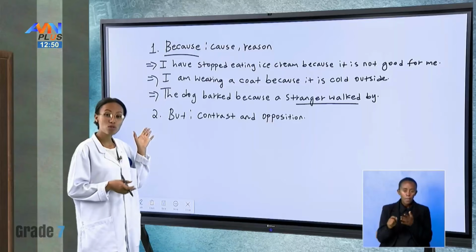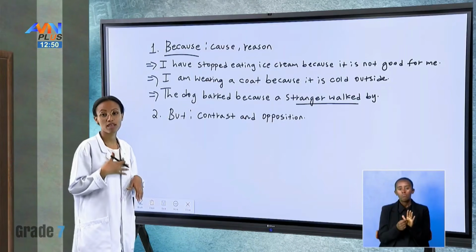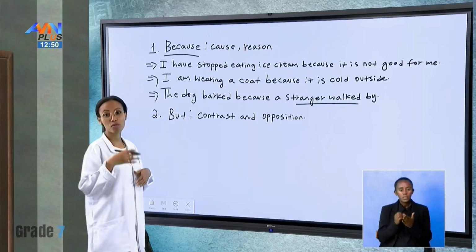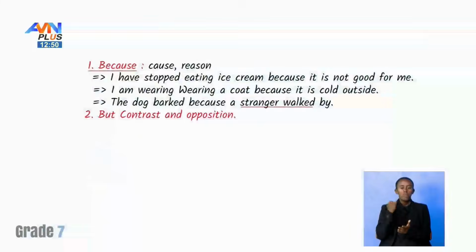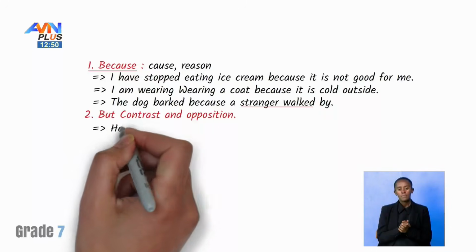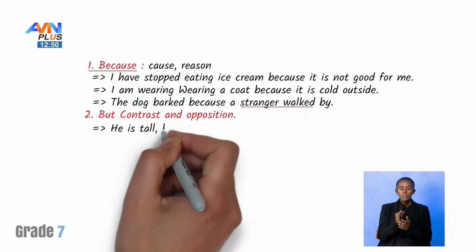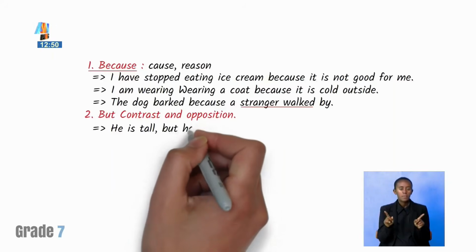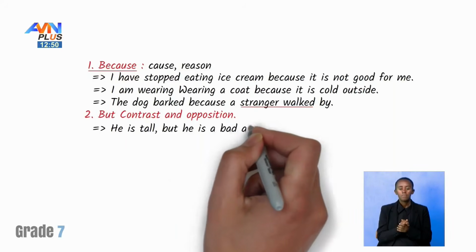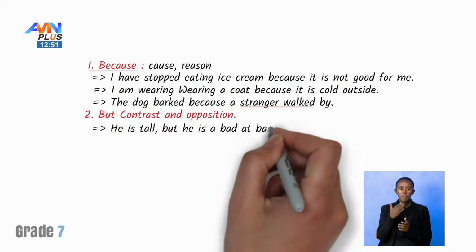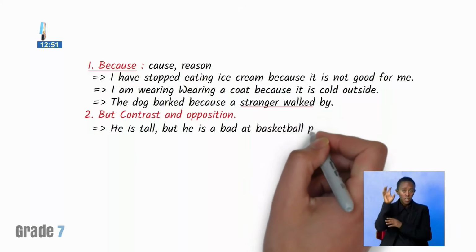But we also use but to show a negation of something, when we're trying to negate someone's previous ideas or even our own ideas. Let's see an example. He is tall, comma, but he is a bad basketball player.